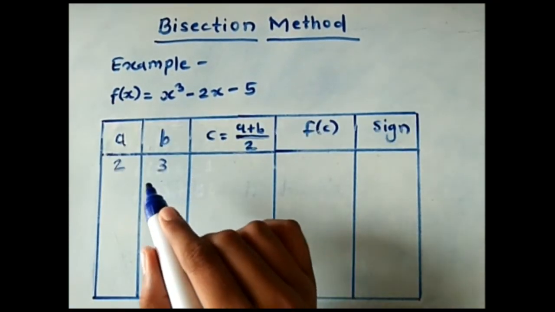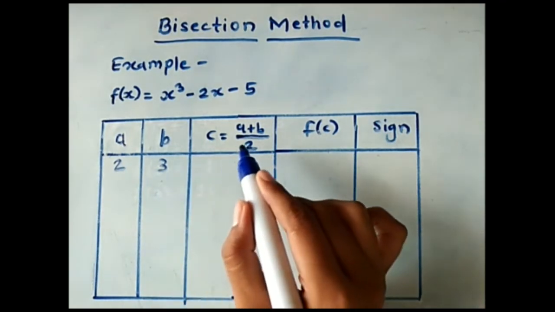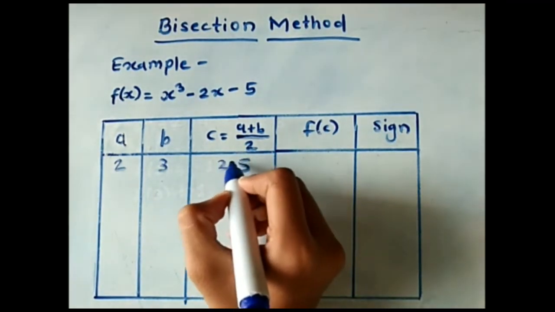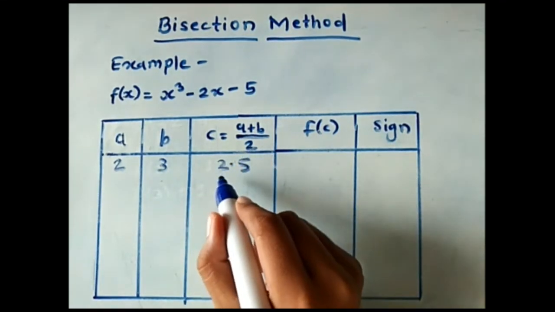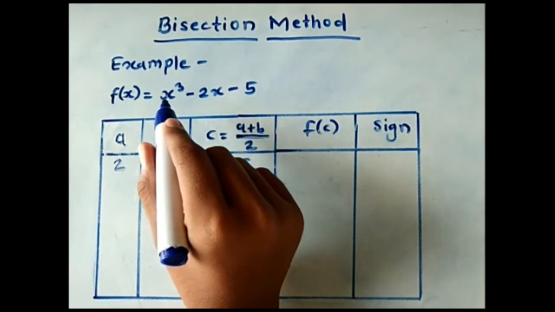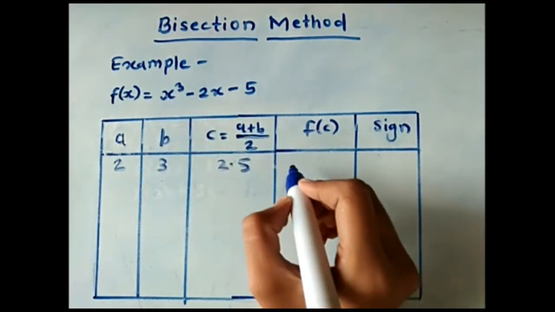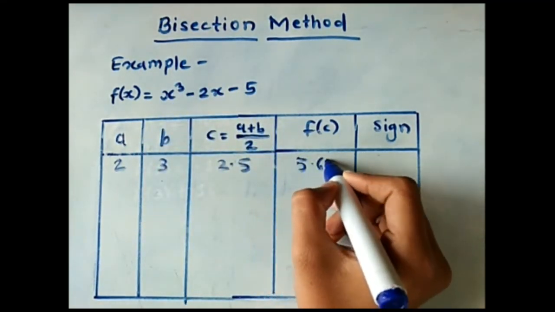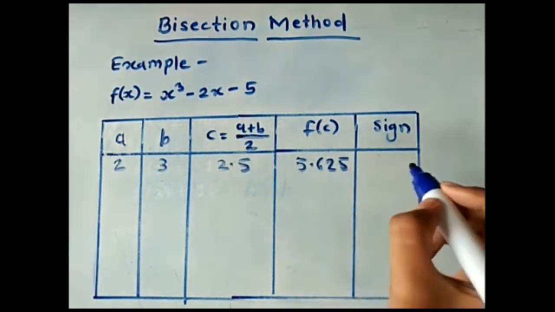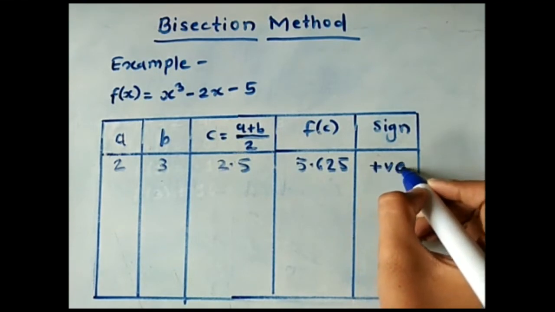By putting the initial values 2 and 3 in the formula for c, we get c equals 2.5. And then by putting the value of c in f(x), that is f(c), we get 5.625. Here the sign of f(c) is positive.